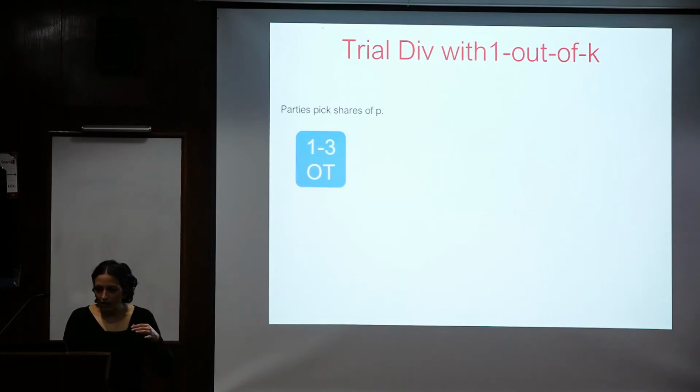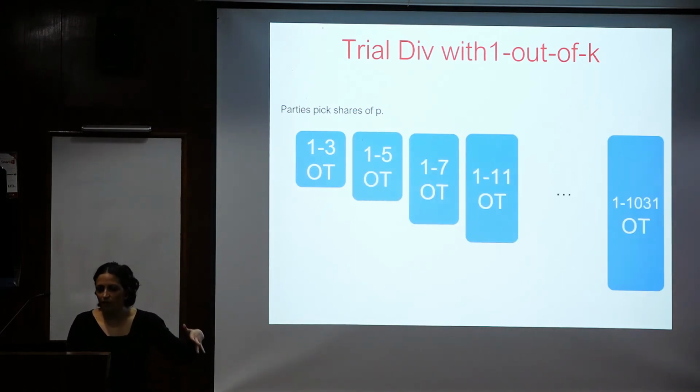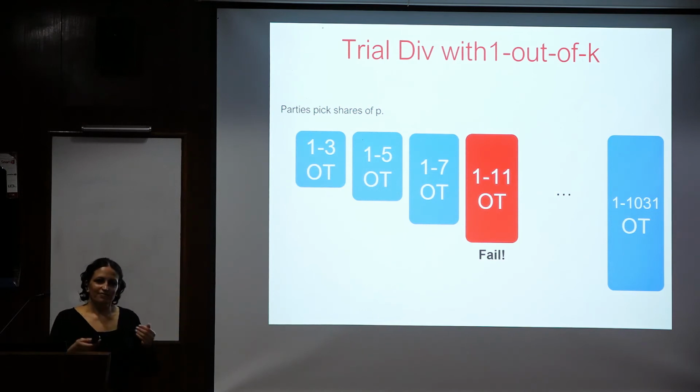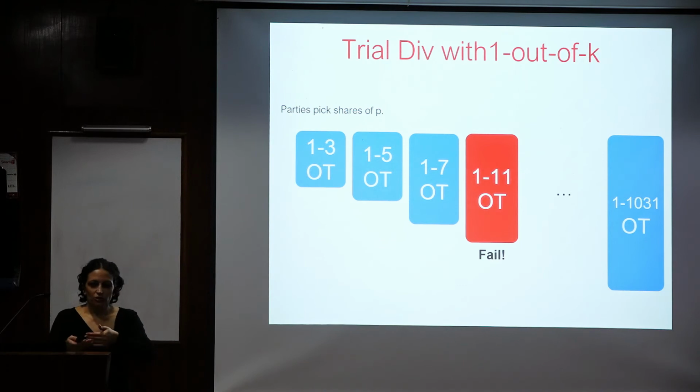And that's what they did with basically every small prime: for 3, for 5, for 7, and so on. Whenever the test fails, you just eliminate this candidate. On one hand, OT is relatively cheap. We have OT extension, and you can reduce, definitely in the semi-honest setting, all these instances to one of the two OTs, relatively easily, but still it has its overhead.